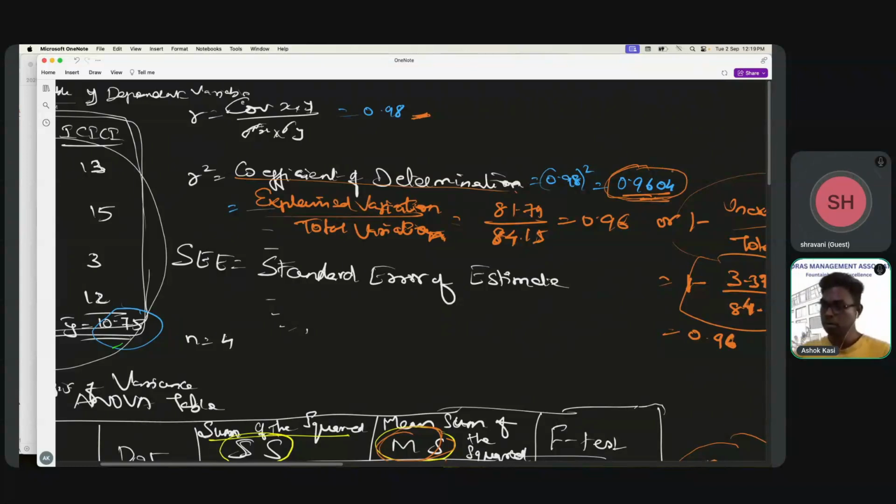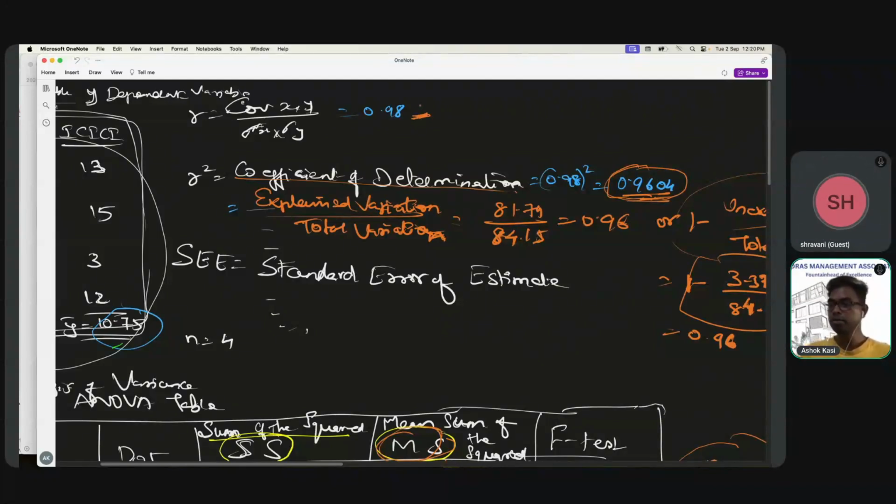Because R can range from -1 to +1, when it goes into minus, I cannot say, if R is -0.5, that when X is going up, Y will go minus 50 percent.